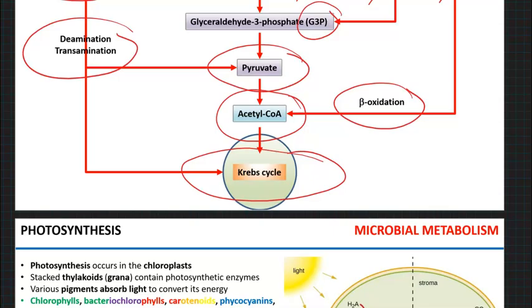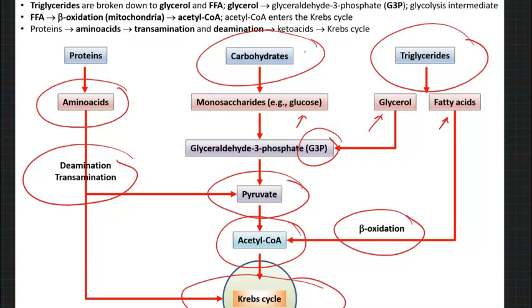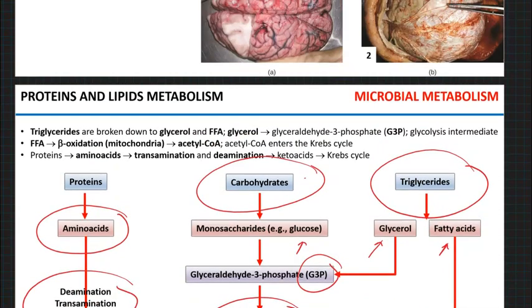Does it make sense to you all? But the biggest take-home message from this is that these arrows actually should go in both directions. This is called amphibolism. Amphi stands for both, too, okay?